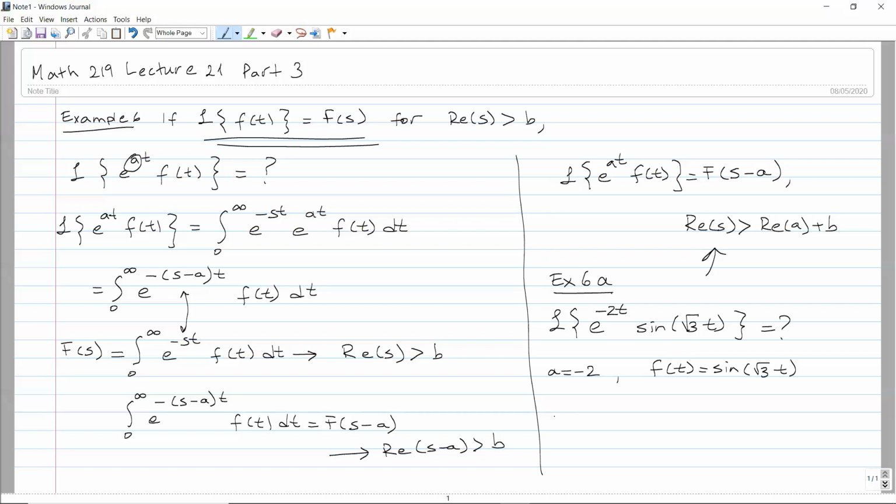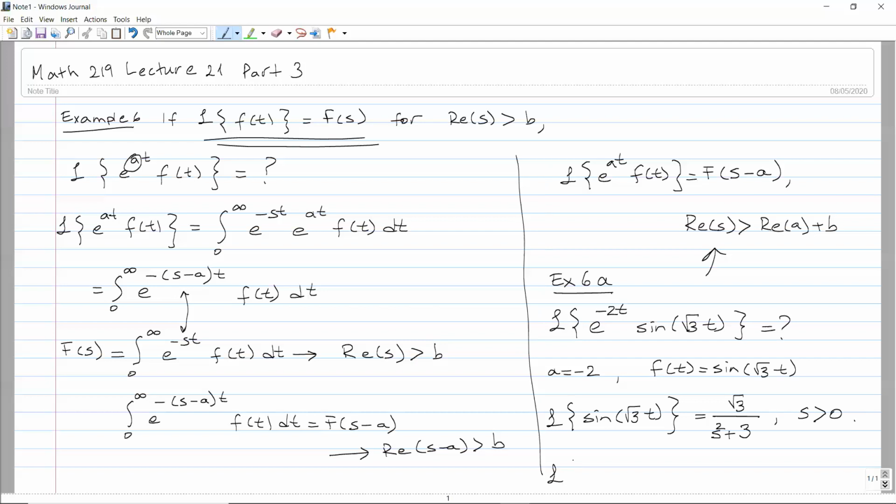By a previous example, we know that the Laplace transform of sine square root of 3t is, okay, coefficient of t is root 3, so this is root 3 over s squared plus root 3 squared. So root 3 squared is 3, and this is for s greater than 0, remember. So the number b here is 0.